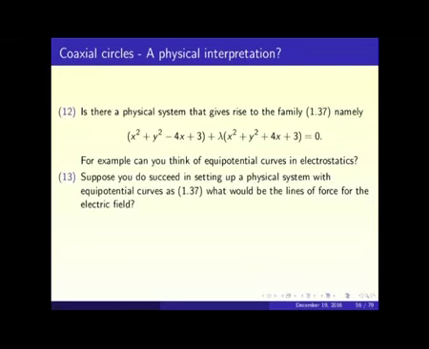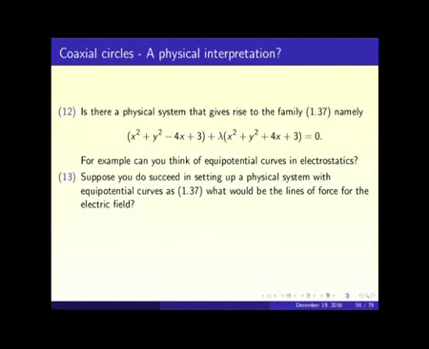Suppose you do succeed in setting up such a physical system whose equipotential curves are as in exercise 12. So the equations depicted here are the equipotential lines. What about the lines of force?